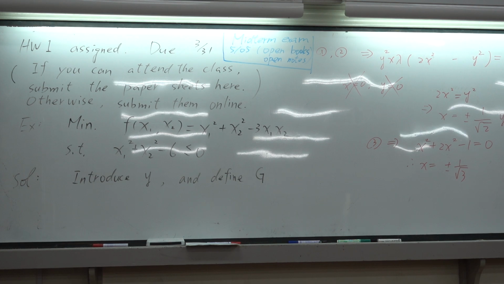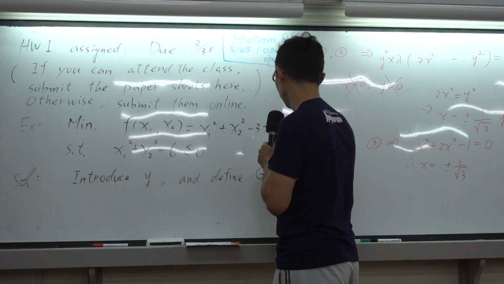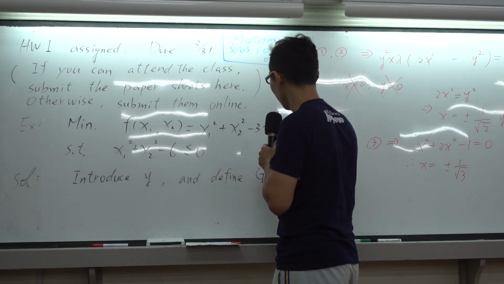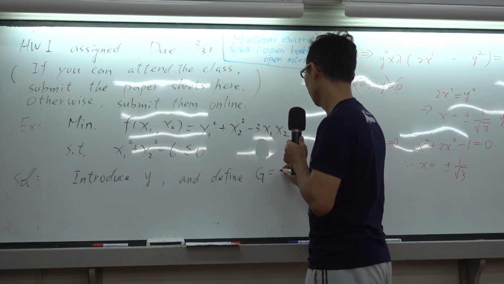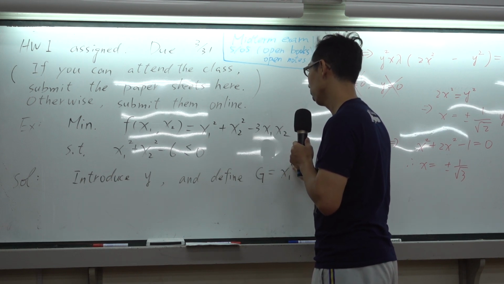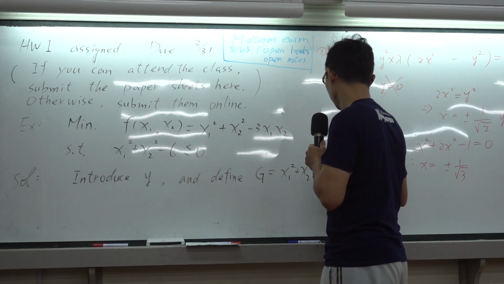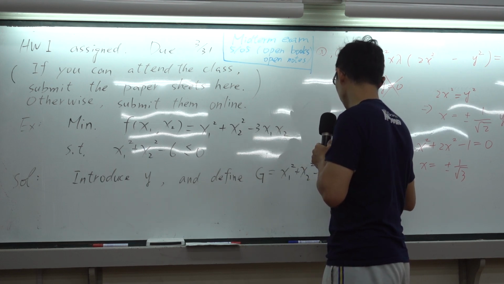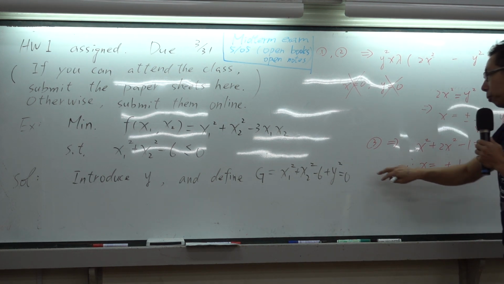Sorry, I forgot to put y. Capital G is a function of x and y. So capital G becomes x1 squared plus x2 squared minus 6 plus small y squared equals 0, right? So that is my capital G, okay?